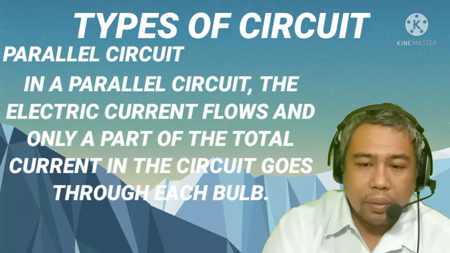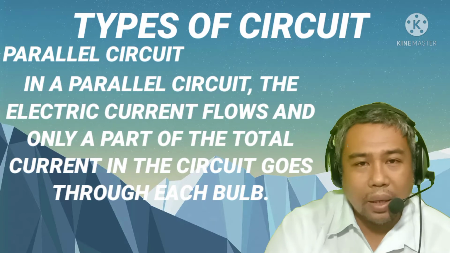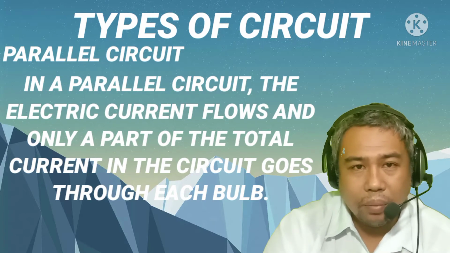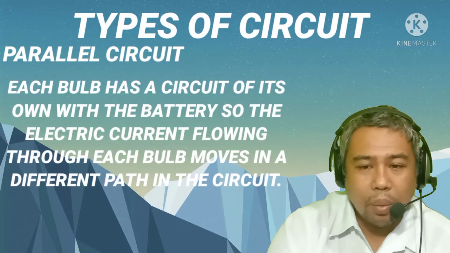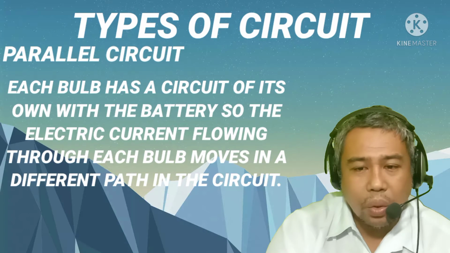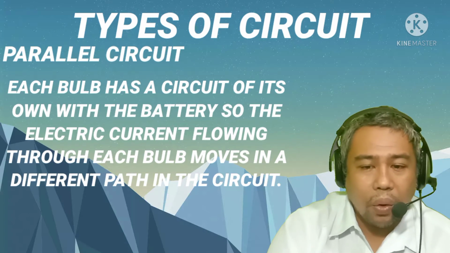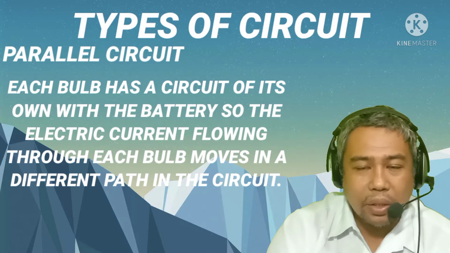In a parallel circuit, the electric current flows and only a part of the total current in the circuit goes through each bulb. Each bulb has a circuit of its own with the battery. So the electric current flowing through each bulb moves in a different path in the circuit.